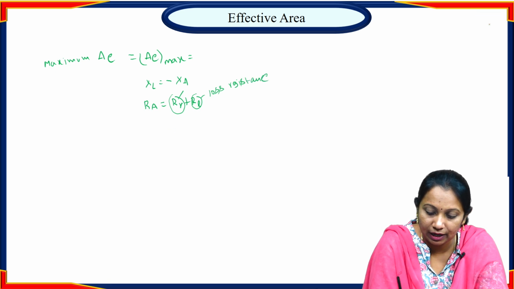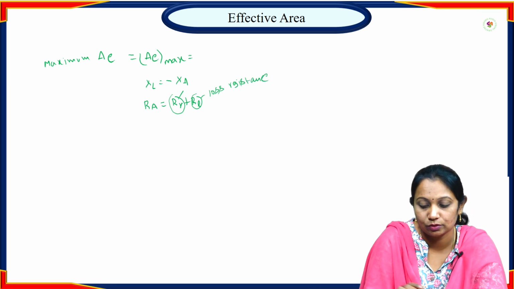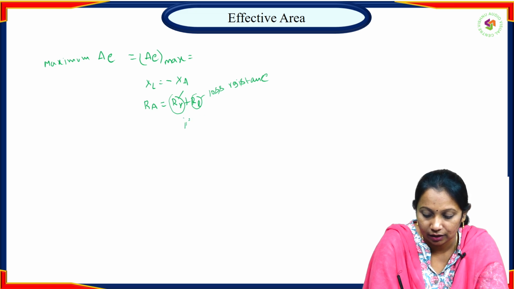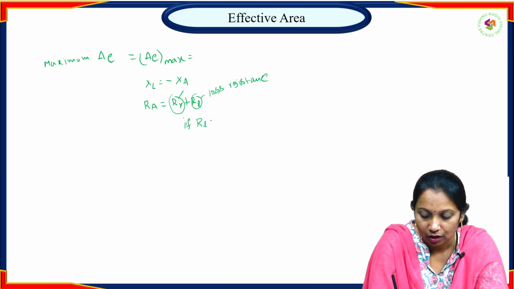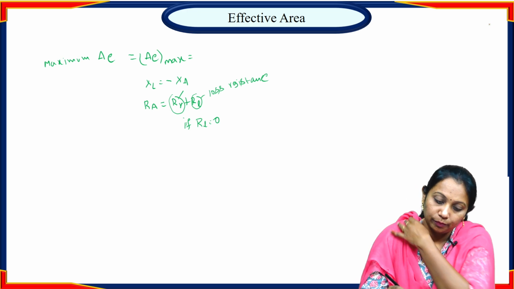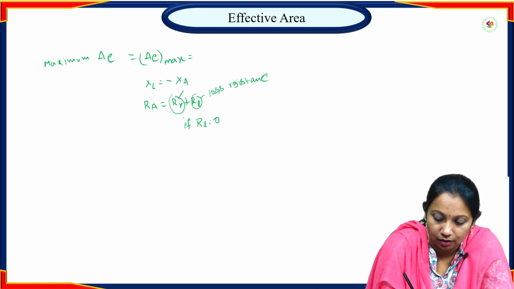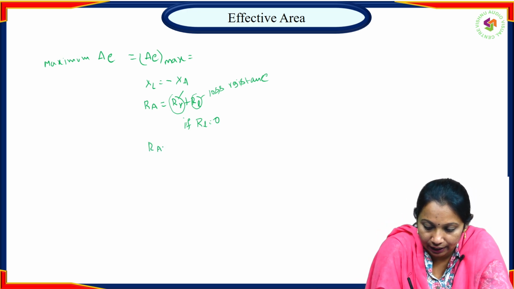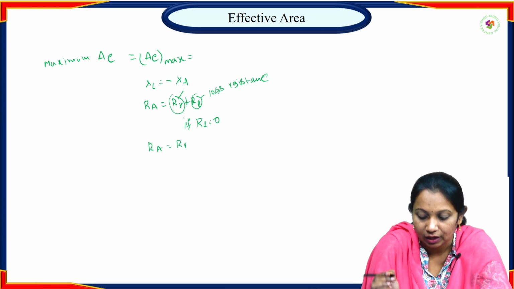Let us assume that the loss is very small, so that we can write RL is equal to 0. Now replacing this, we can write RA is equal to RR.